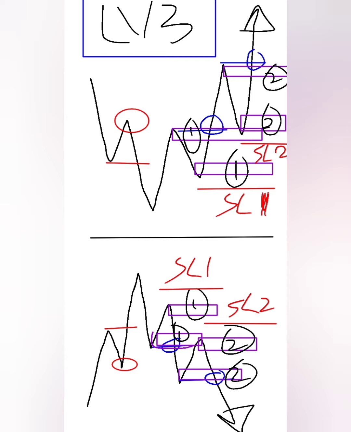Understand? Exactly the same thing we do to find zone number 2. When you set your SL after you enter, your SL should be below zone number 1. So below there, you set your SL number 1.